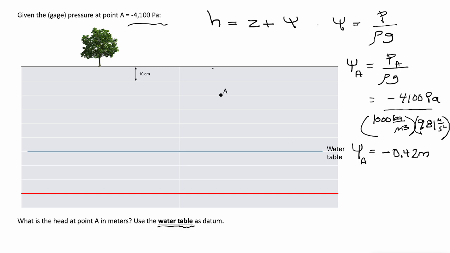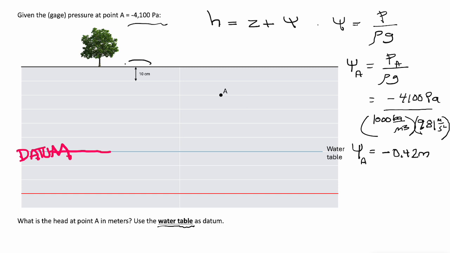Now to determine the head, I first need the elevation, and we are to use the water table as datum. So here is my datum. Let me color it red here so that we are on the same page. So this is now my datum here, right? That is my datum. Okay, so we can count this out.